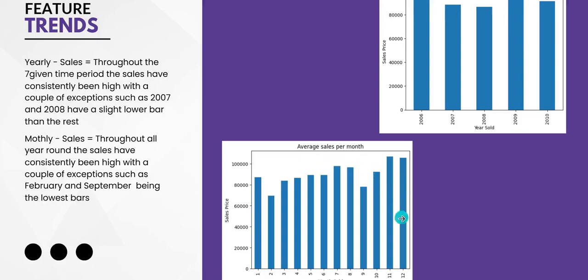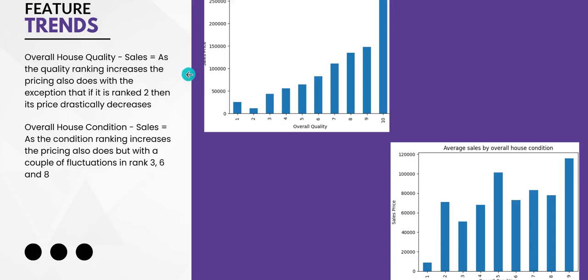And we can see in the average sales per month that at the end of the year, pricier houses were sold more. And then we can see in this graph the average sales by house quality. We can see that most of the houses that were sold had a quality of 10. And in the overall condition graph, we can see that most of the houses sold were once again of the highest condition and highest quality.